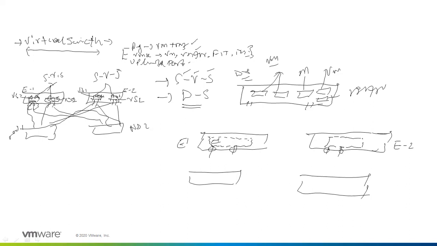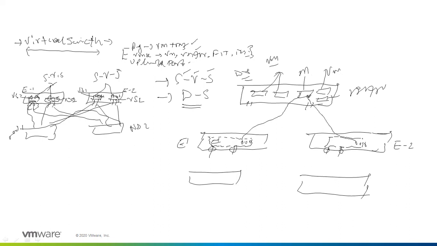But still, for all the VM kernel ports, this is the port group I have defined, but I still have to create the VM kernel port individually for each host.